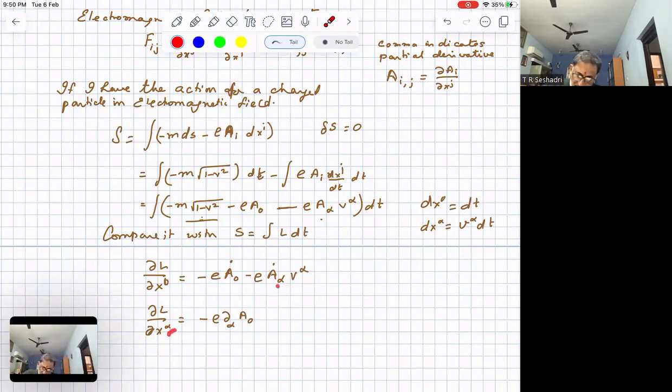So I should use a different index here, because for every alpha here, every possible alpha is allowed. So I will write this as beta.